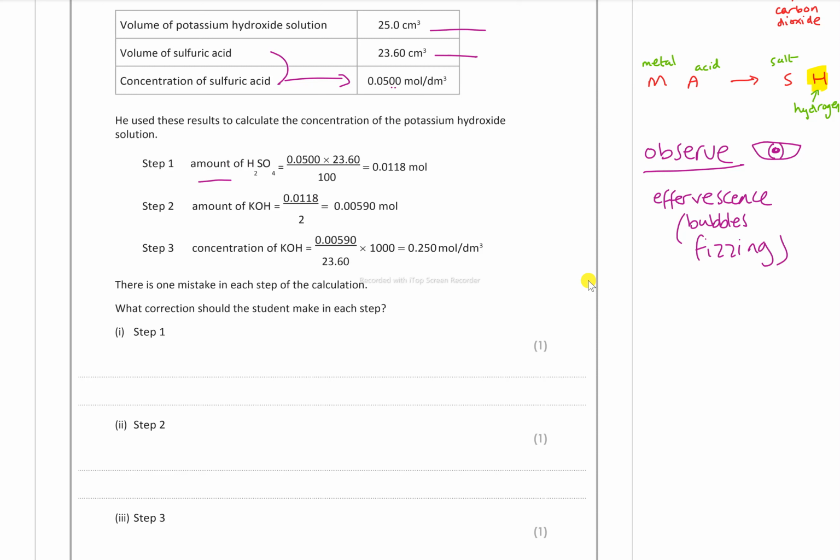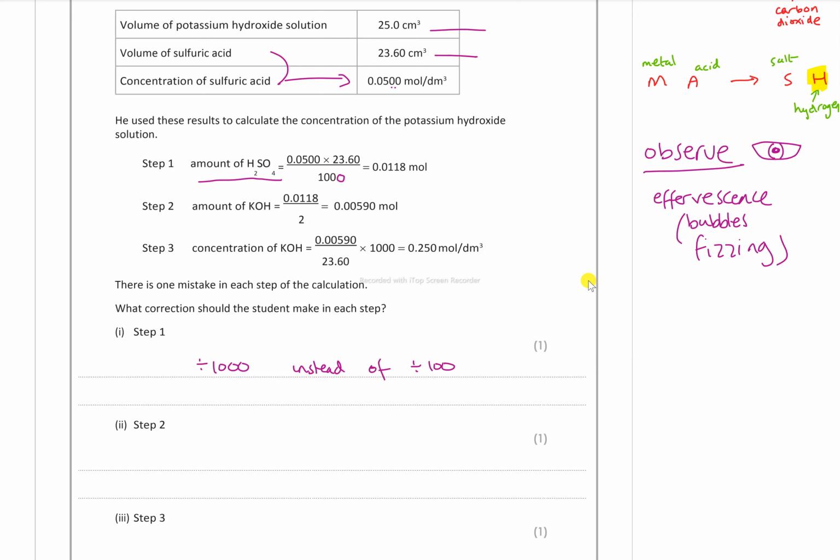Right, if you want to work out the number of moles of sulfuric acid, it's moles over 1,000. Right, so they wanted to turn that into decimeter cubed. They should have divided by 1,000 instead of 100, yeah? Divide by 1,000 instead of dividing by 100.